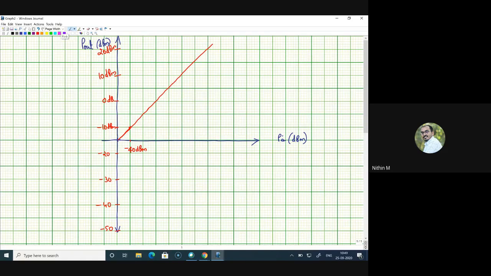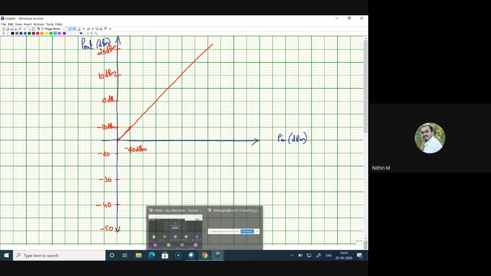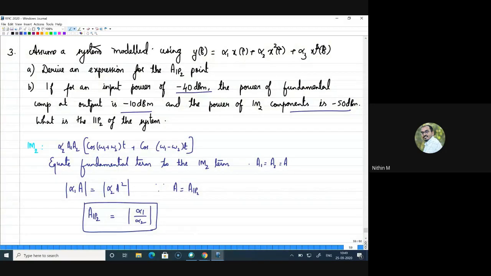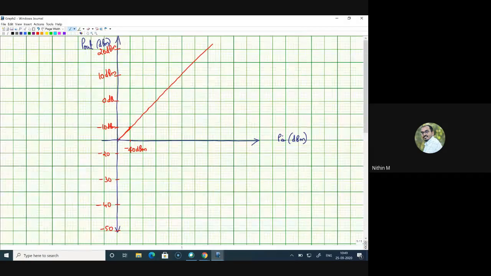Now I will plot the IM2 component. For the same input amplitude of minus 40 dBm, what is the value of the IM2 term? The IM2 term is minus 50 dBm. So for minus 40, the IM2 term is actually somewhere here. This is your IM2 component. Now, the IM2 component will be going with a slope of 2, right?